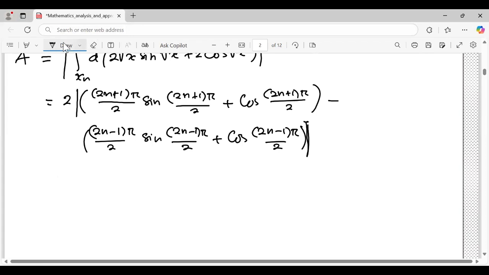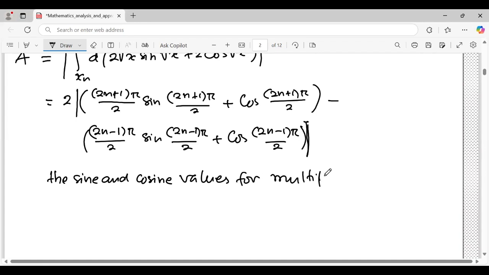So before we continue, I would like to evaluate the sine and cosine values for multiples of pi half.